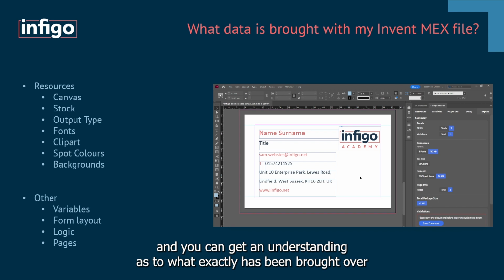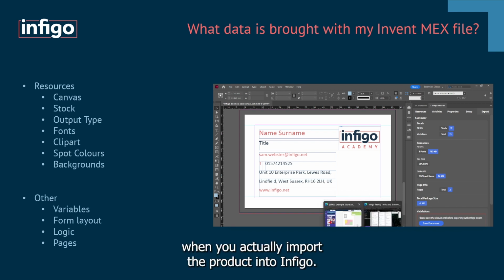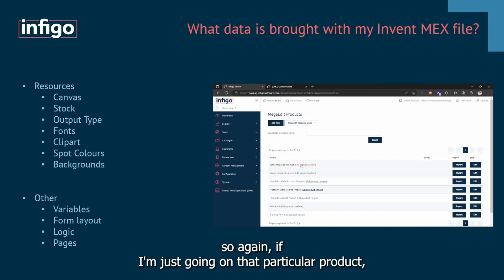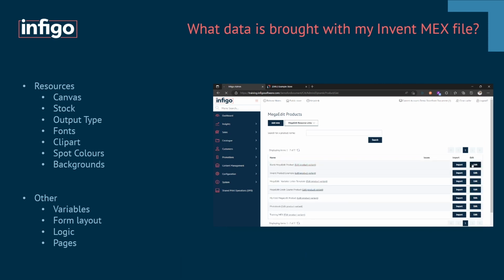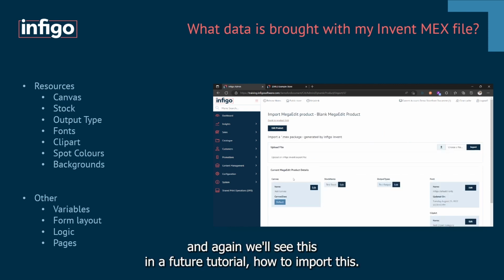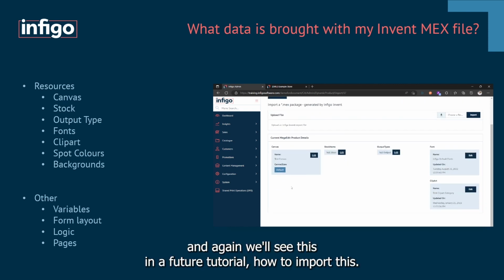And you can get an understanding as to what exactly has been brought over when you actually import the product into Infigo. So if I go back to our product details, again, if I'm just going on that particular product, go to the MEX import. And again, we'll see this in a future tutorial, how to import this.